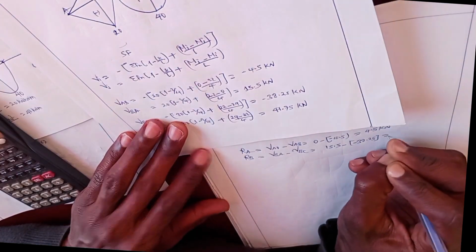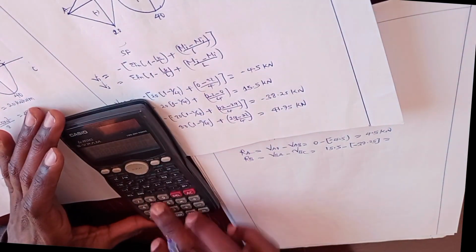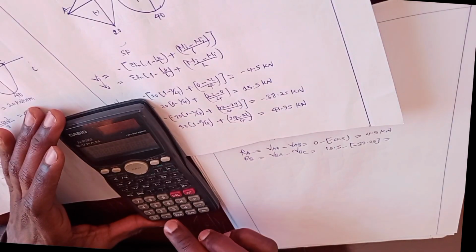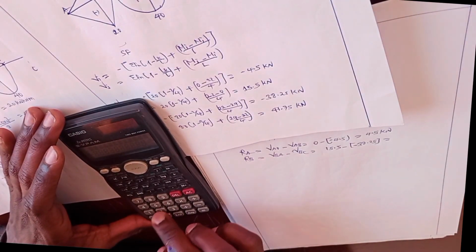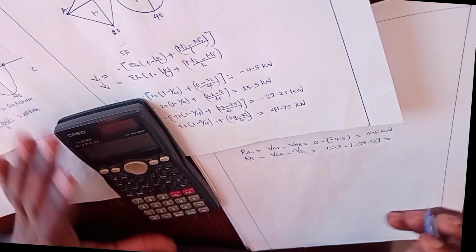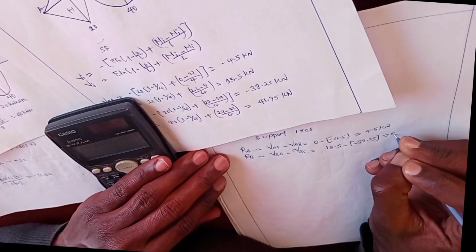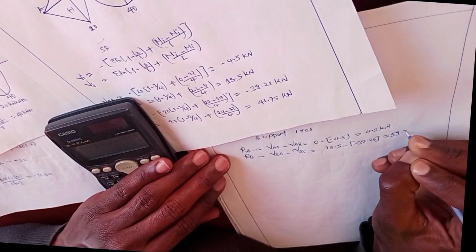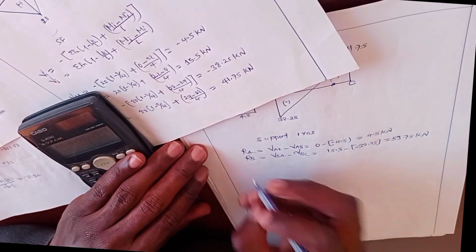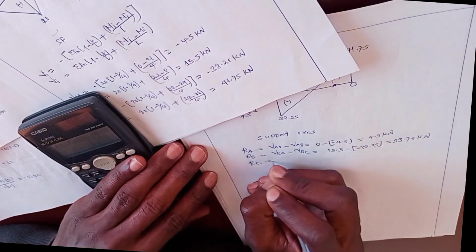It will be equal to plus 38.25, so it will be equal to 53.75 kilonewton.